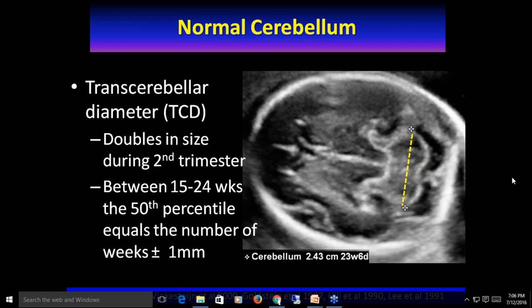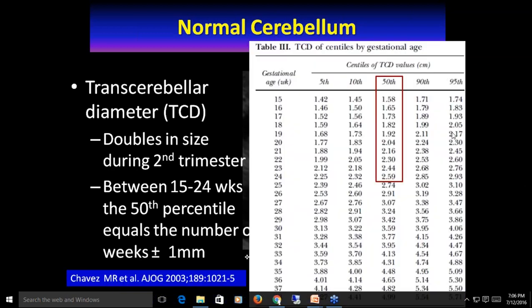Between 15 to 24 weeks, the 50th percentile equals the number of weeks plus or minus 1 millimeter. We can see in this nomogram published by Chavez in 2003 that the 50th percentile between 15 and 24 weeks is more or less the gestational age.